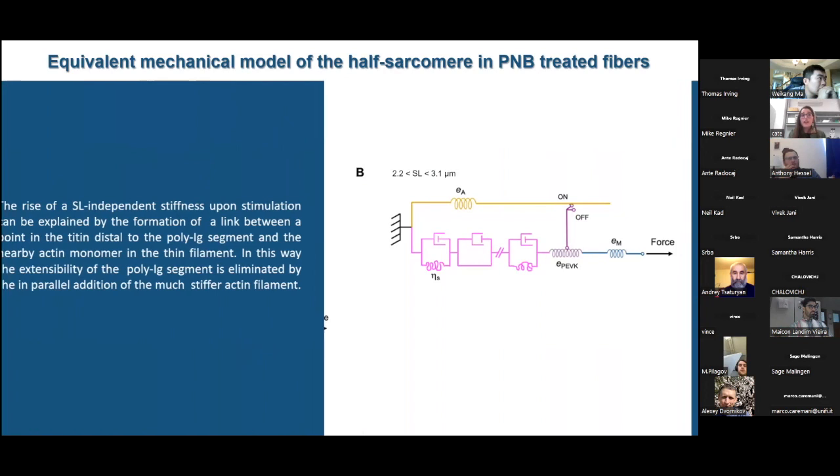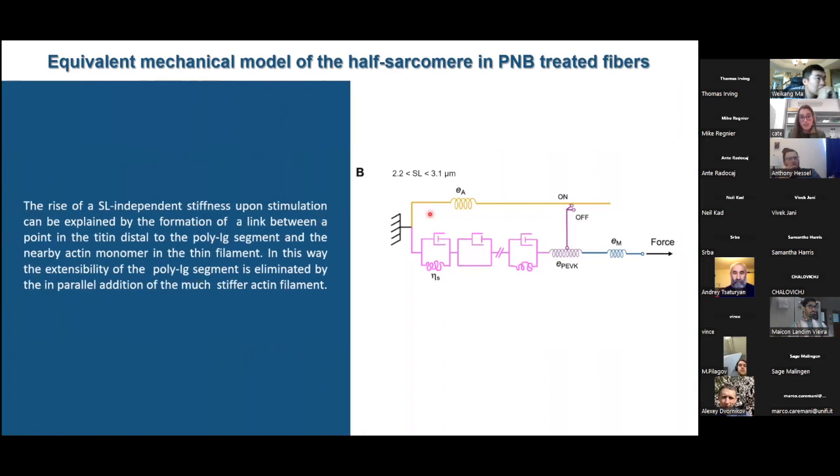In the active fiber, in the same range of sarcomere length, the extensibility is constant and quite small, and a sensible explanation for that is the activation-dependent formation of a link, at a point in titin distal to the proximal PEVK segment, with a nearby actin filament.